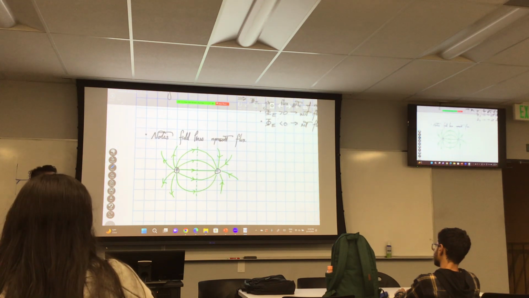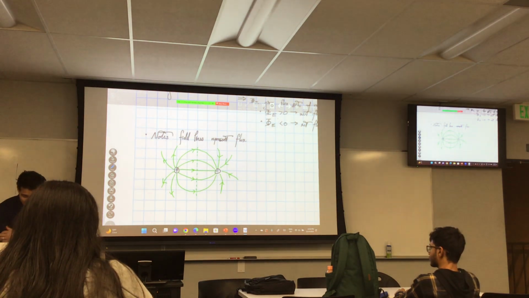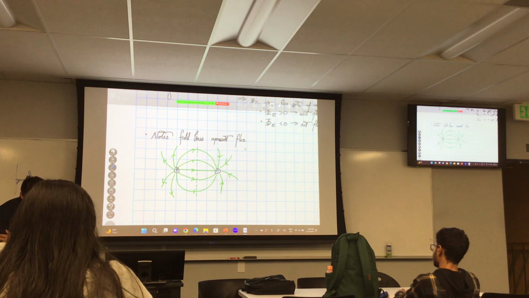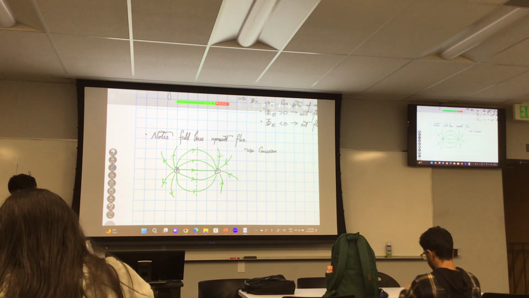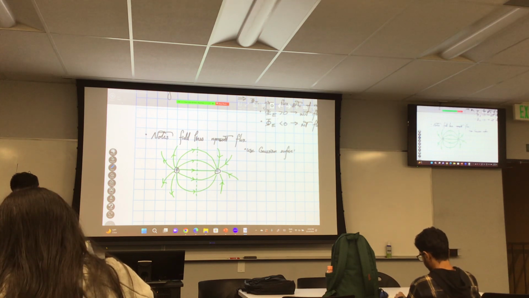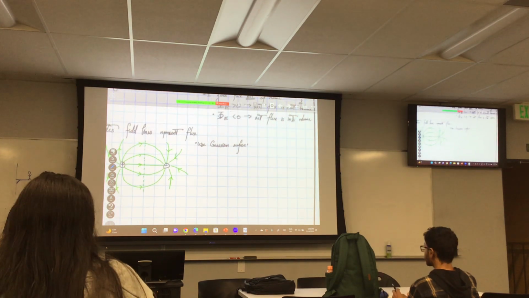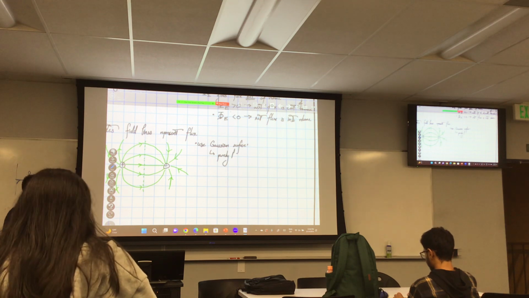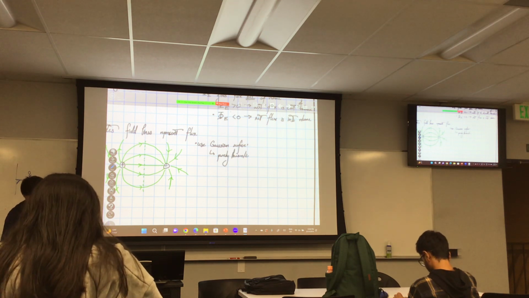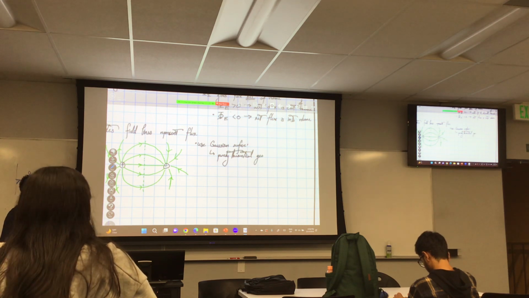Now, how to apply this idea of a flux with Gauss's law? We're going to be using what is called a Gaussian surface. And what this Gaussian surface is, it is purely theoretical geometry.